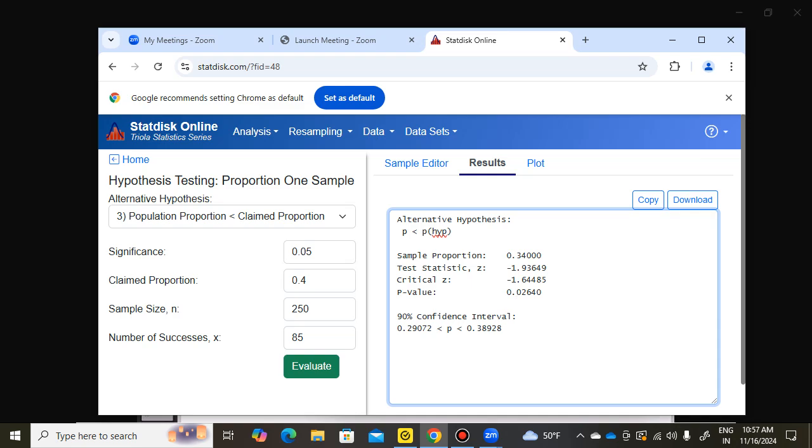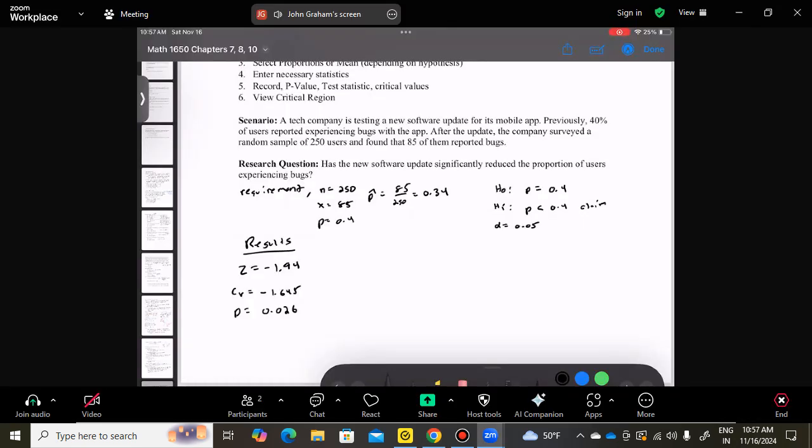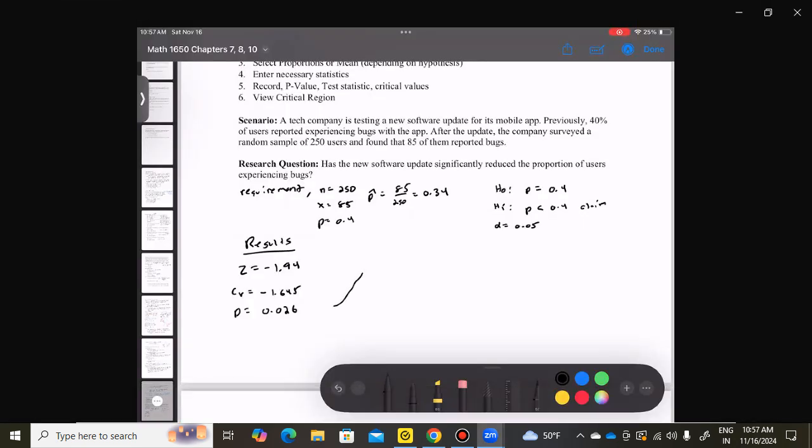Right now, we can look at a plot, but before we do that, I'm going to draw the plot. So, bell curve. Critical value, there's only one. It's a negative 1.645. We want to decide, is the test statistic in the rejection region? Our statistic is negative 1.94, so it is.